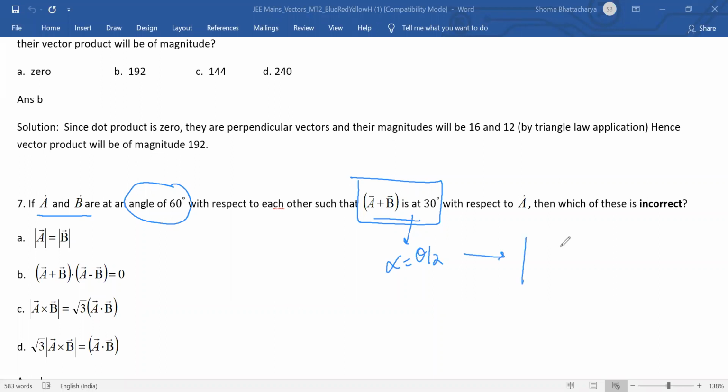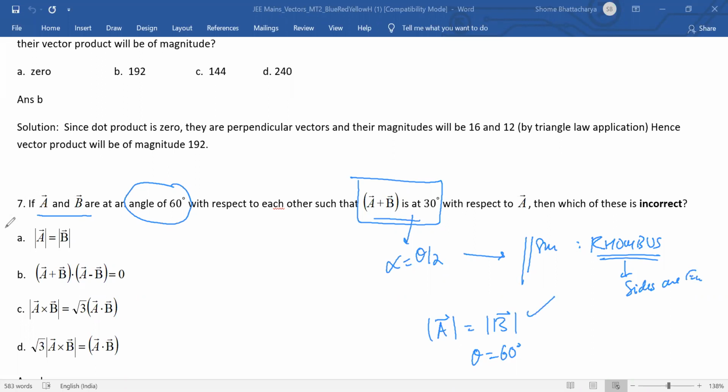So your parallelogram is a rhombus. Just remember this special case. So mod A is equal to mod B. Theta is equal to 60 degrees. So in the rhombus, remember all these things happen. Sides are equal.